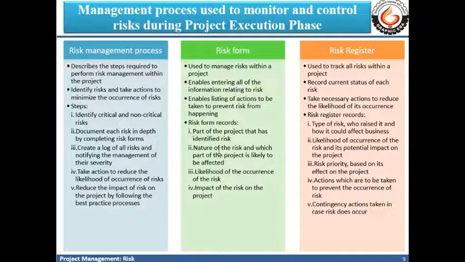Then we record the nature of the risk involved and which parts of the project are likely to be affected by those types of risks. We assess the likelihood, the probability of occurrence of the risk, and then finally the impact of that particular risk on the project is assessed.